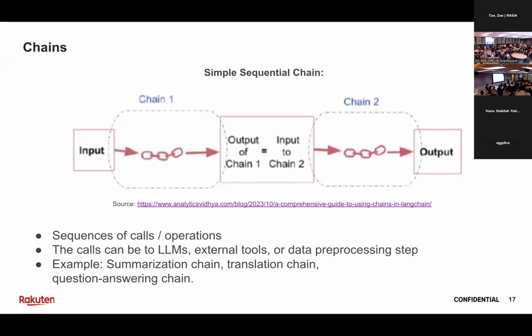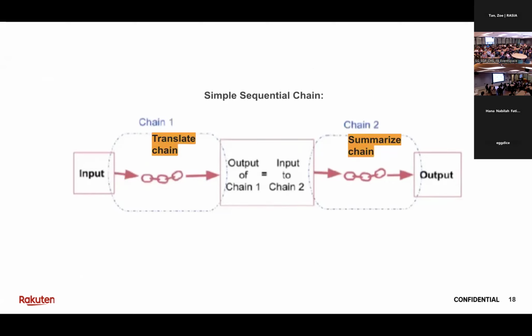So I guess to visualize this better, one example for this is, say you want to translate a document that is originally in French to English, and then you want to summarize that document into a one-liner, for instance. So let's try that. In the first chain, you have a translate chain, and then the output of that translate chain will become the input of the summarize chain.